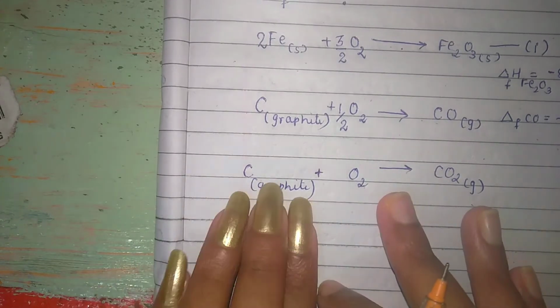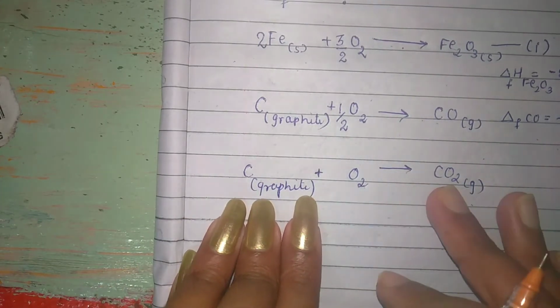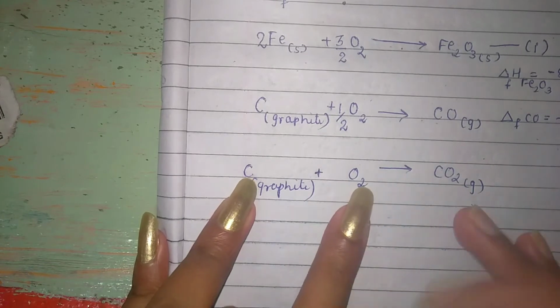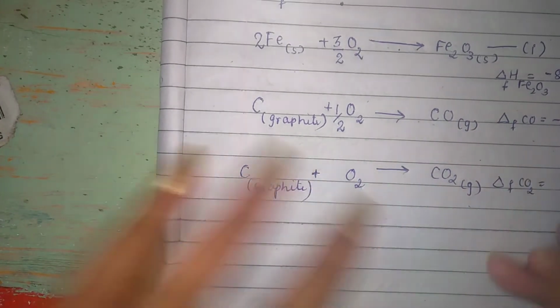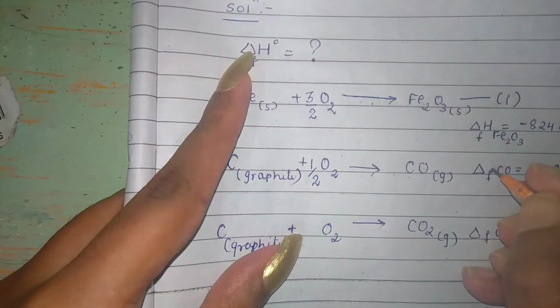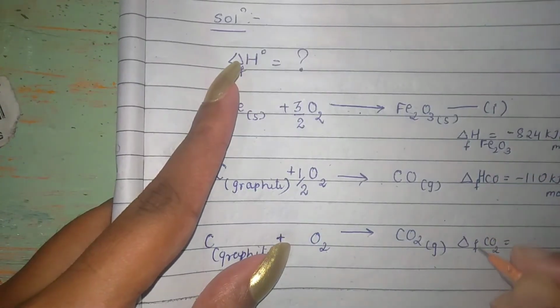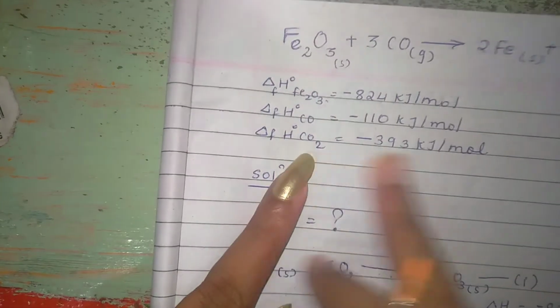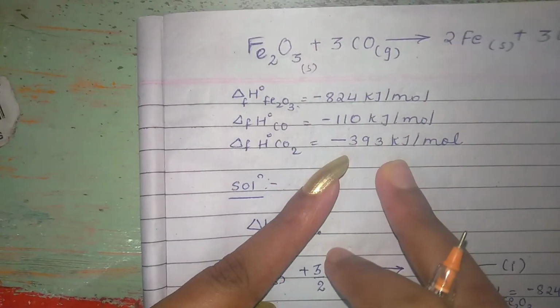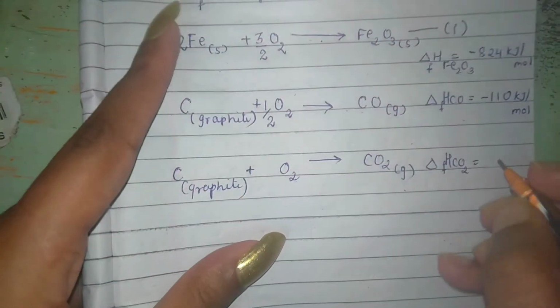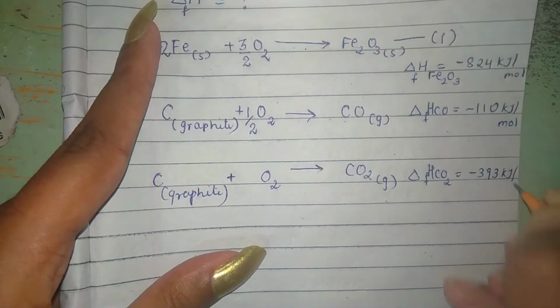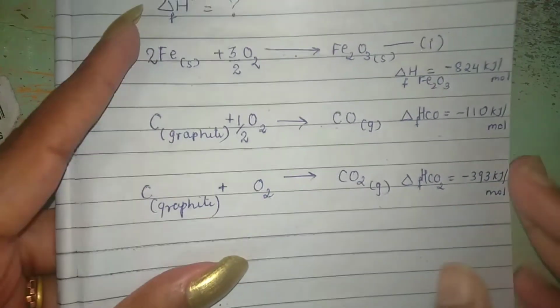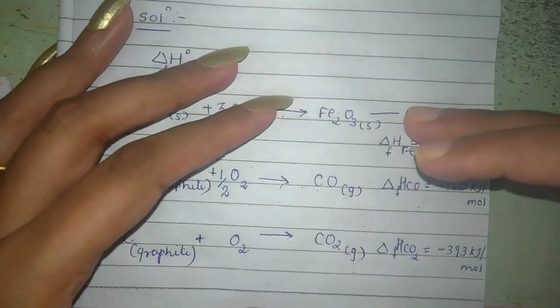Here you will not have to balance any equation because the carbon is equal and the oxygen is equal. Now let's see the enthalpy of formation of carbon dioxide. Don't forget to put your H, meaning enthalpy. For carbon dioxide it is -393 kilojoules per mole. So have you understood how to form this?